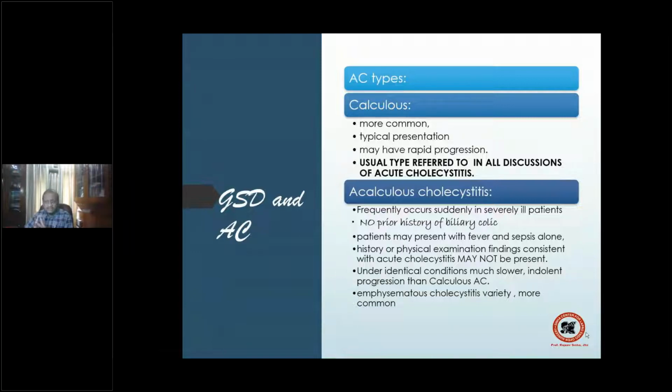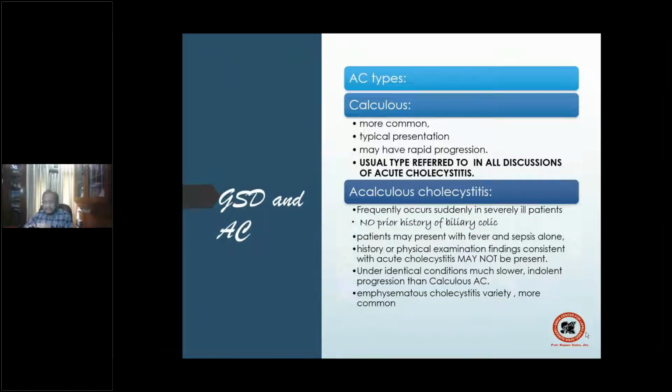For the simple reason that acalculous cholecystitis is a less common entity, more commonly seen in severely ill patients, like a patient admitted in ICU or a patient who's in sepsis, and usually there is no prior history of biliary colic. These patients may present only with fever and sepsis.